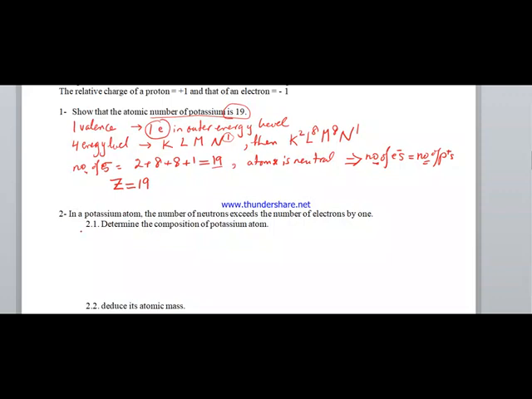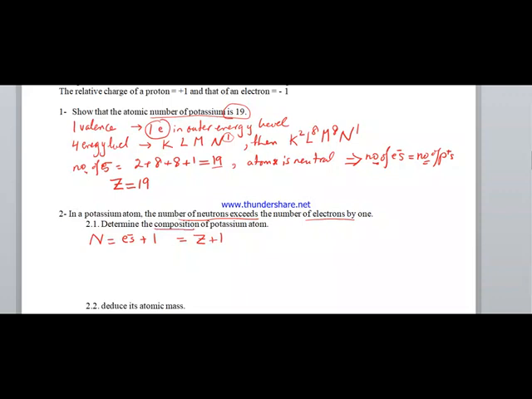Now the second part. In part 2, the number of neutrons exceeds the number of electrons by 1. This means the number of neutrons N is equal to the number of electrons plus 1. And since the number of electrons is equal to the number of protons, we can write N is equal to Z plus 1.